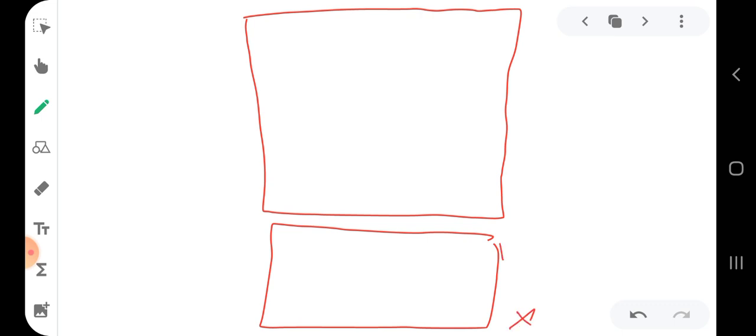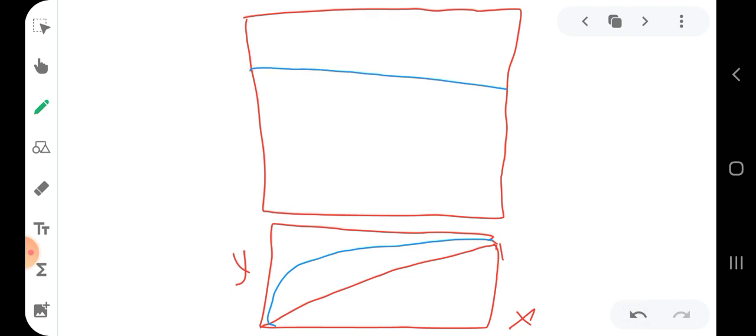This graph will be the equilibrium graph xy, which shows the 45-degree line, and using the equilibrium data you can plot the equilibrium curve. And here in the top you have the enthalpy curves.